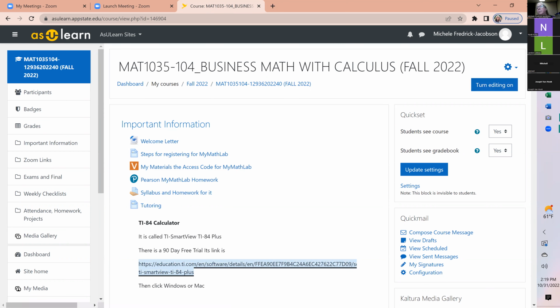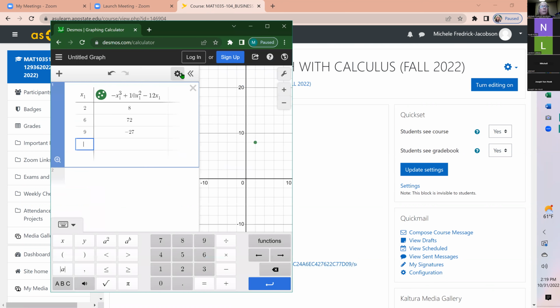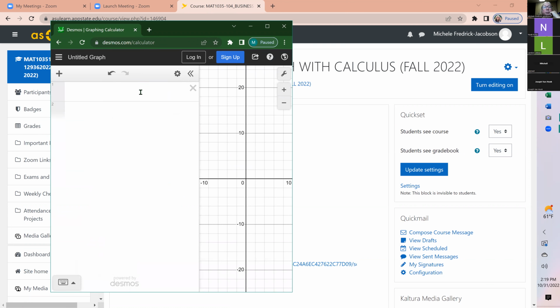If you use Desmos, all you're doing, type in your derivative.